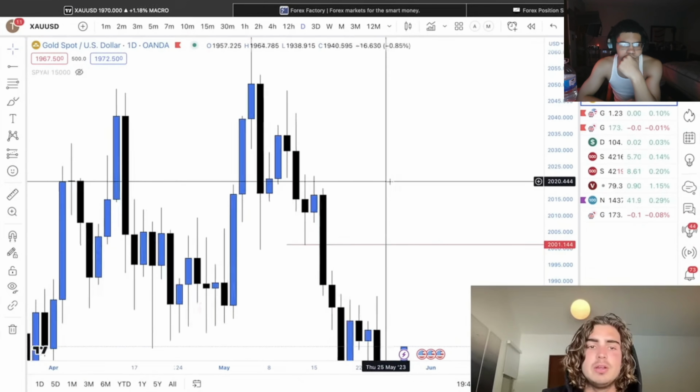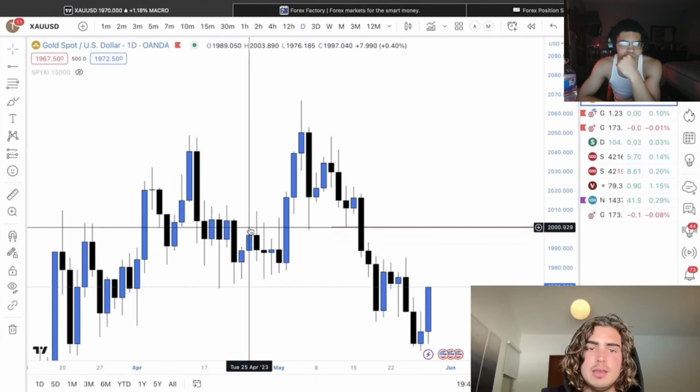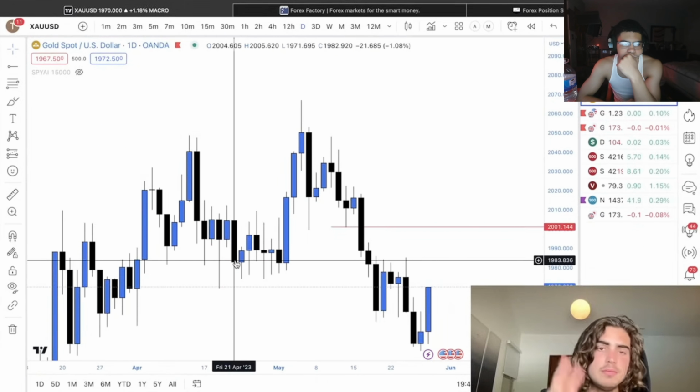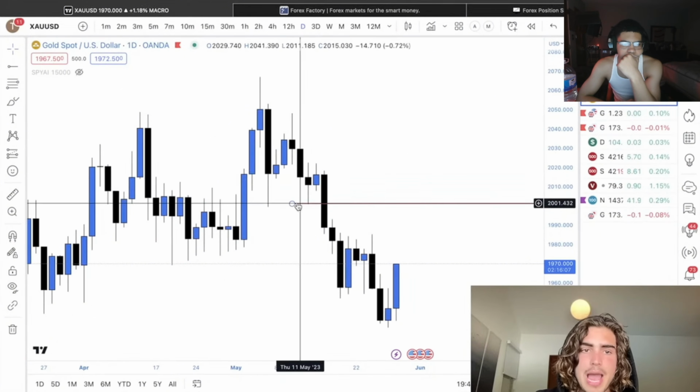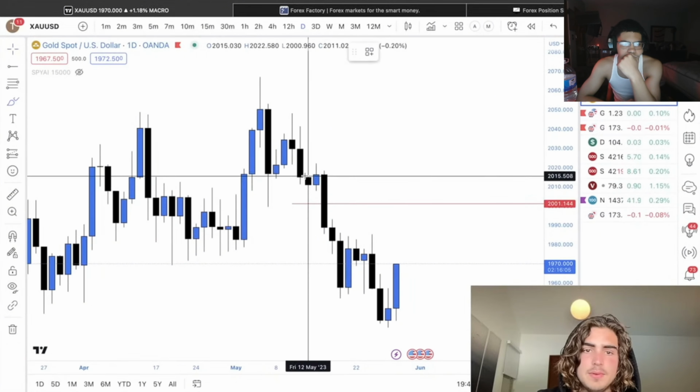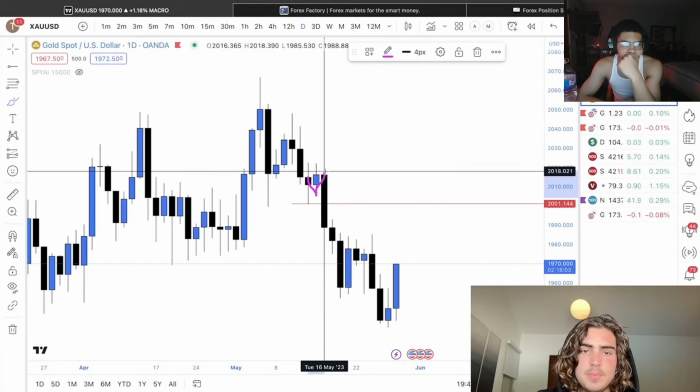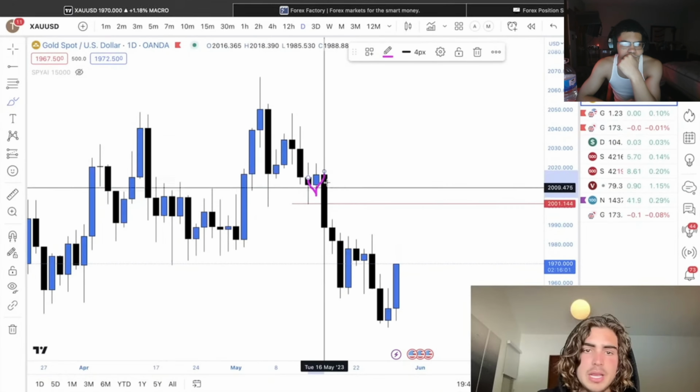As you can see here, we previously had broken structure to the upside, right? Uptrend. Then we have this low, and what happens, right? We have a move down, then a move up, but then, we weren't in a downtrend previously, but what happens with this candle?